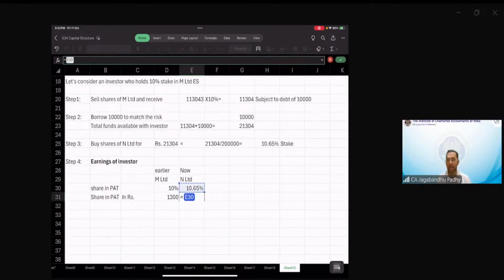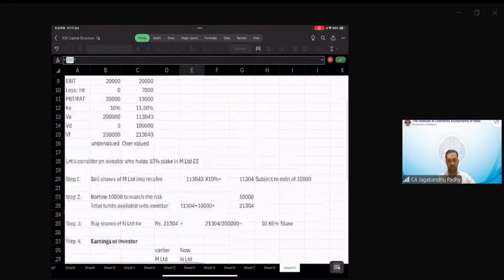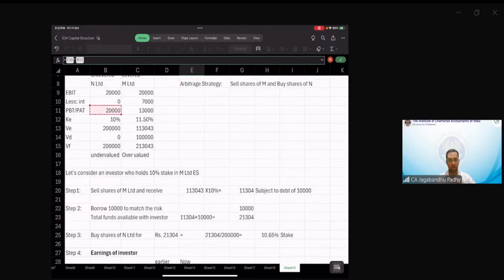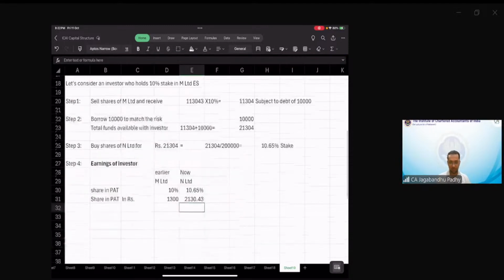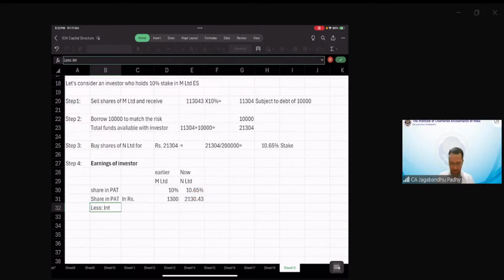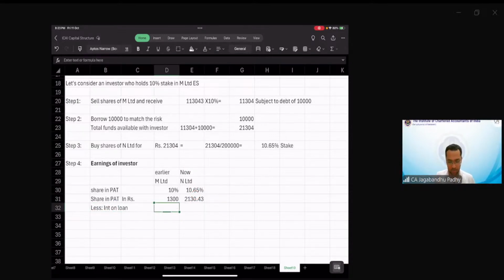Now you are going to have 10.65% of 20,000. So of course my PAT share is higher, but this entire amount 2130.43 is not something which I'm going to take home, because I need to also pay the interest on loan.